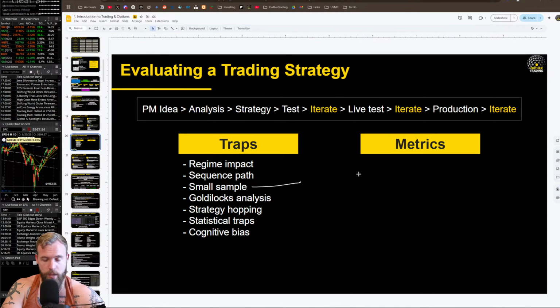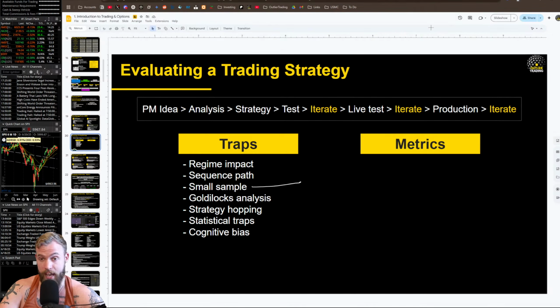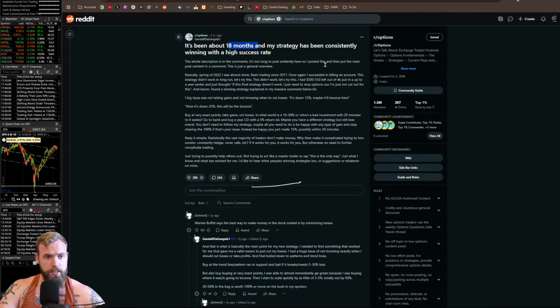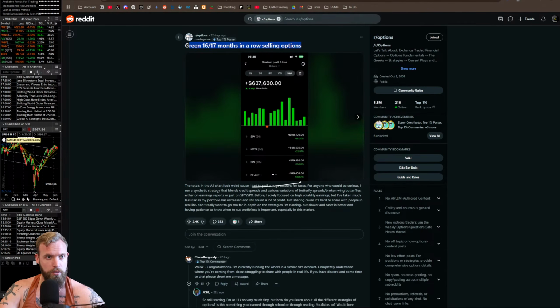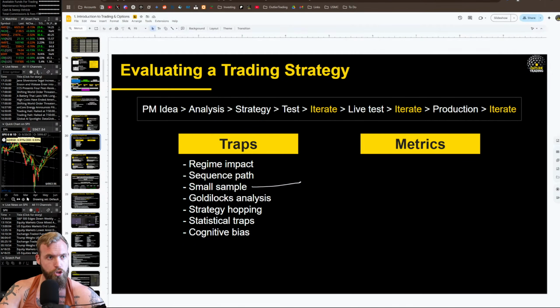Next, small sample. I think everybody knows what this one is. It's actually the same concept as path, funny enough. But 18 months, super small sample. 17 months, super small sample. Super short-term timeframes literally mean nothing.